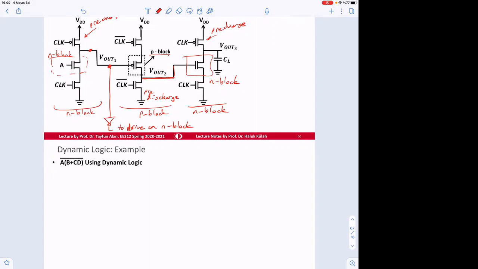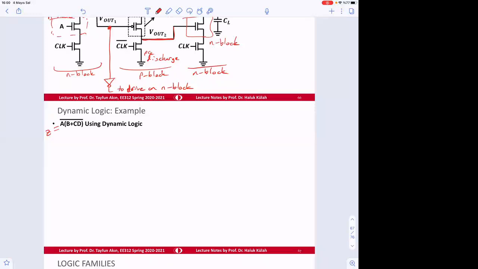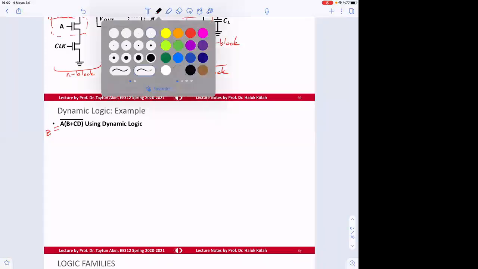So we can do this at once without using another circuit block. Let's say that this is equal to Z. Okay. So in the dynamic logic, do this.